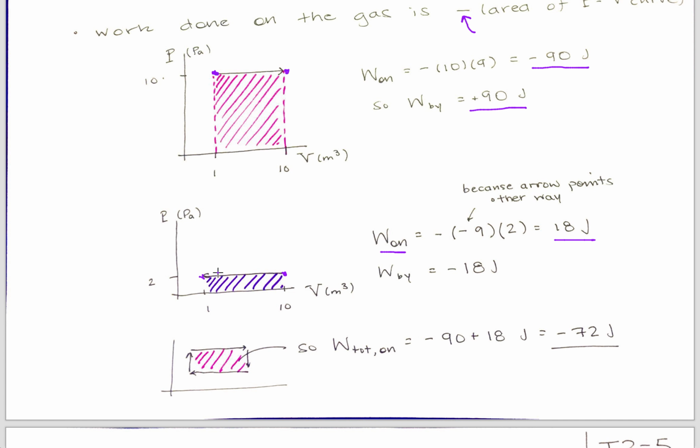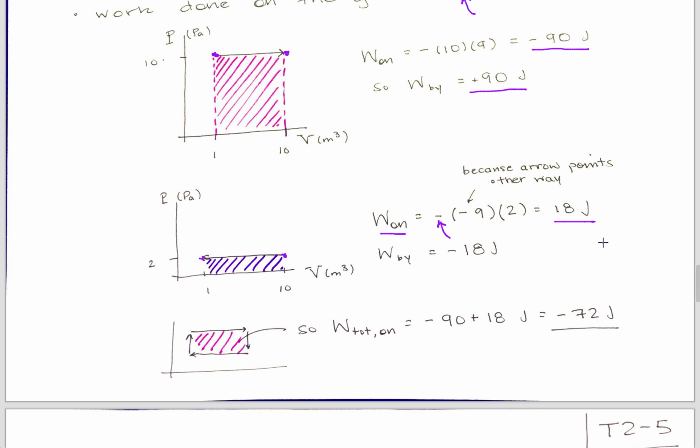And so to account for that, we basically just say, oh, well, this area is pointing to the left, so the area itself is negative. We still have that negative hanging out in front, just like we did before, and those two negatives cancel to give us a positive number. So everything checks out. So here, the work done on the gas was negative because the work was done by the gas.